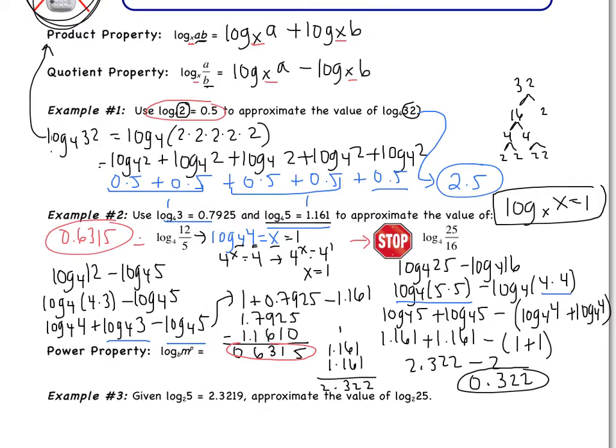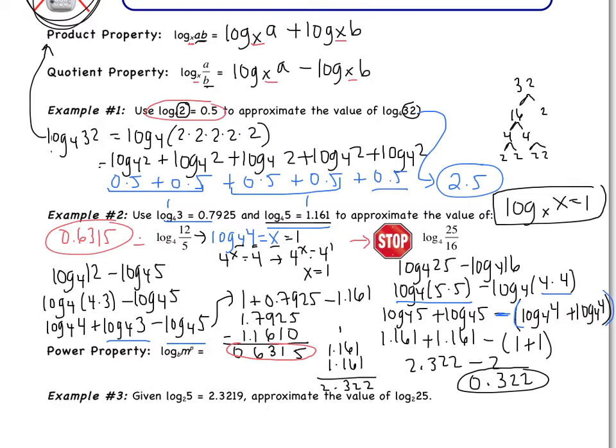What you need to remember is you're subtracting both of those. That's why I kept them in parentheses, so I remember to subtract them both. Log base 4 of 4 is 1. So I end up subtracting 2. Sometimes students get confused and they lose a negative somewhere along the way. But your final answer should have been 0.322.